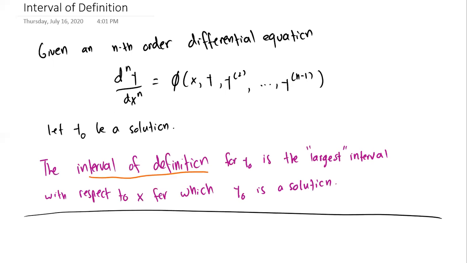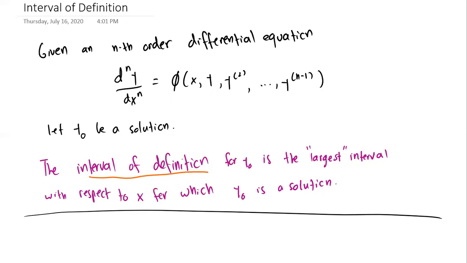I've been talking about this for a little bit now, and I want to make it formal because it's going to show up a lot as we talk about linear independence. We've already seen it when talking about existence and uniqueness theorems, and when integrating things. For example, if we're integrating a function, then that function has to be continuous, which can restrict the interval for which our solution is an actual solution.